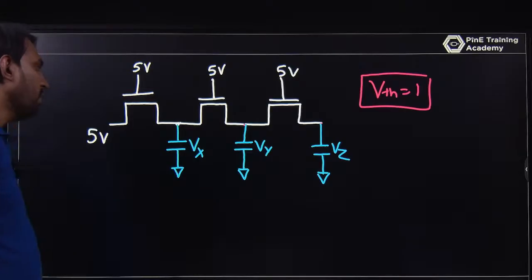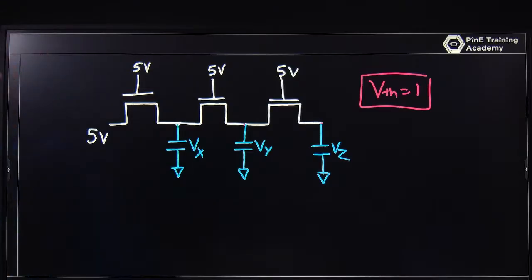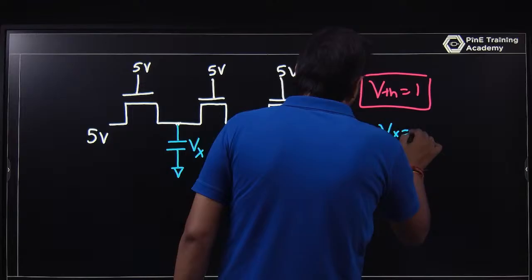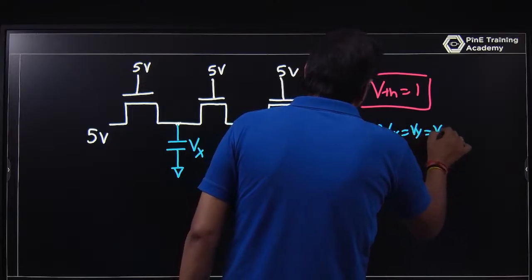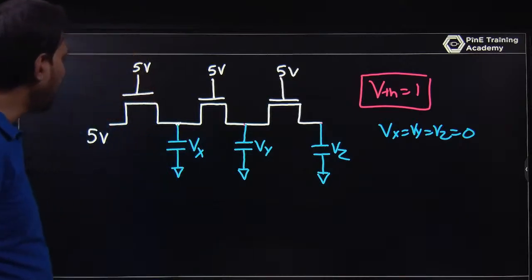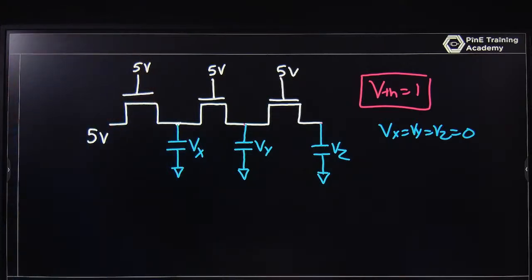And now tell me what is Vx, what is Vy, what is Vz, if the threshold voltage of the MOSFET is 1 volt. So let the initial voltage of all the capacitors be 0. Initially Vx, Vy and Vz were 0. Okay, so just solve it. That is what is happening here.